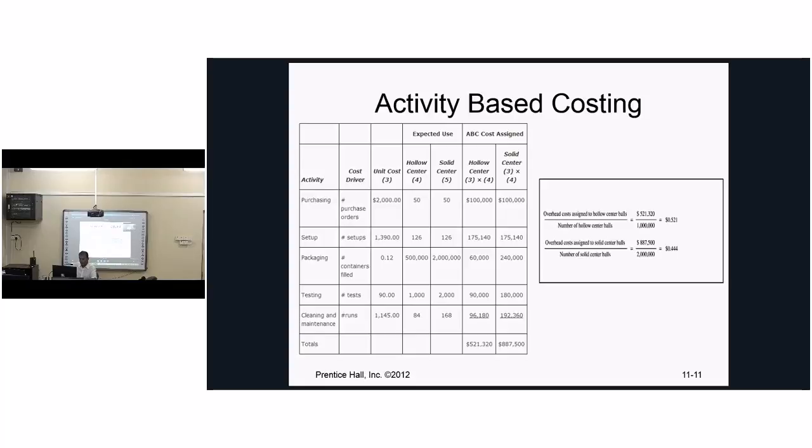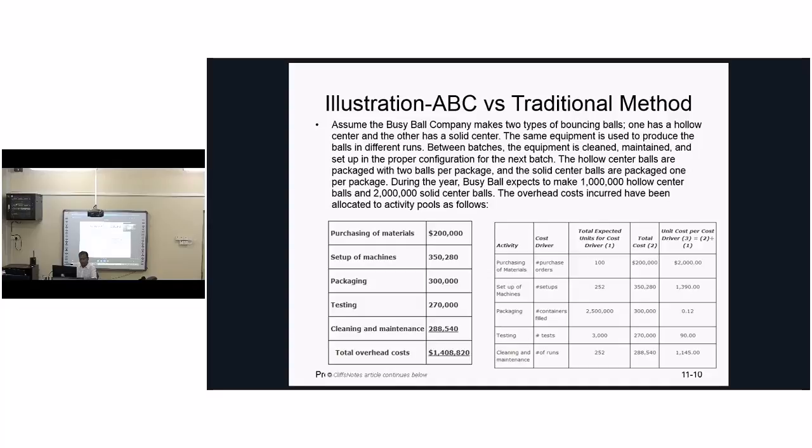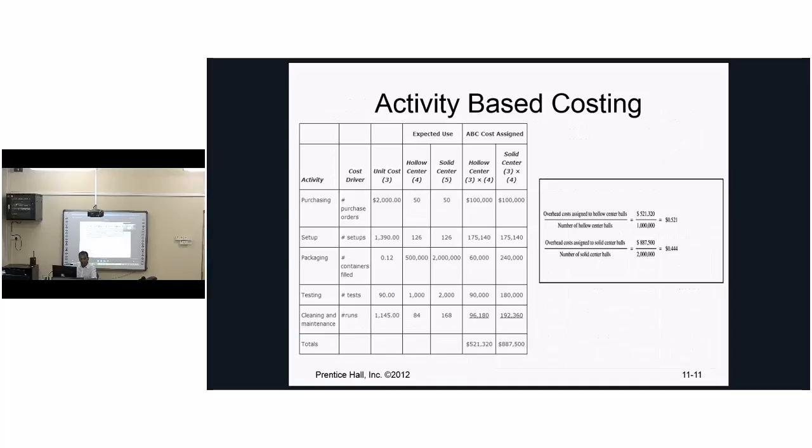So the total cost of hollow center is 521, whereas the solid center is 881. The total remains the same. So total is 1.4 million. 1.4 million has been broken down into hollow center and the solid center separately based on different activities that it goes through.